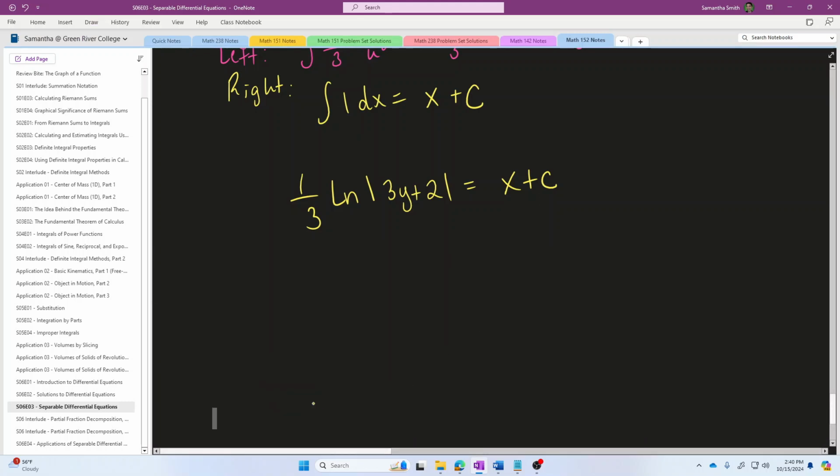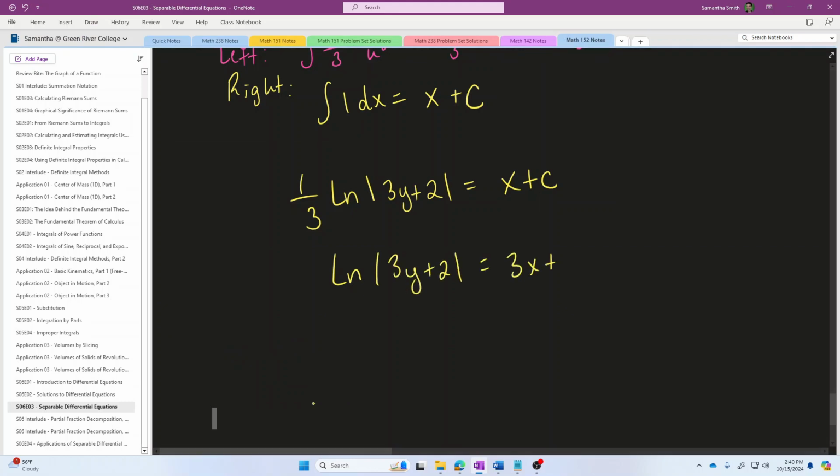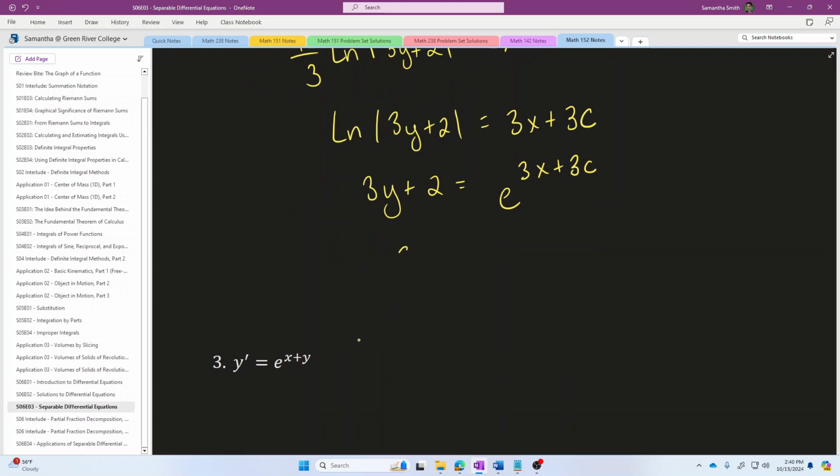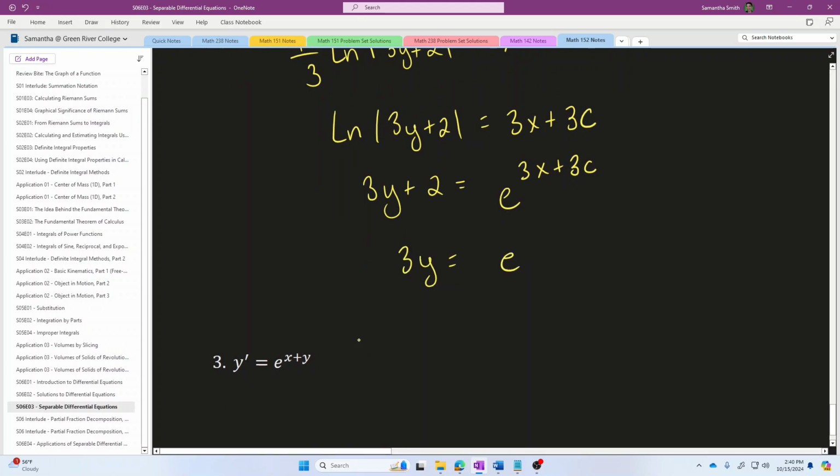So I multiply by a 3 to cancel the 1/3. I use an exponential to get rid of the natural log. I subtract that 2, and then I divide by that 3.